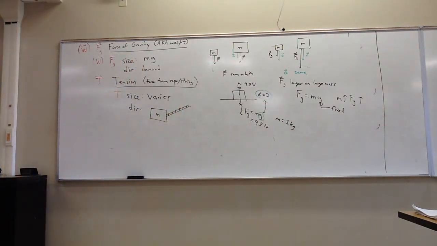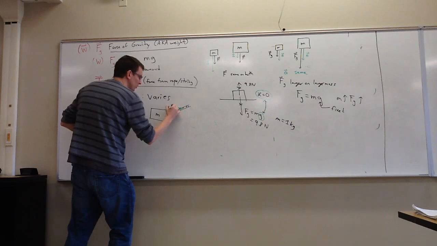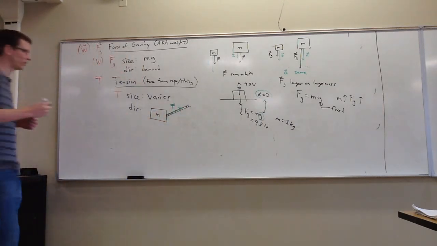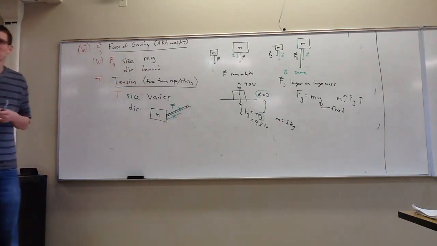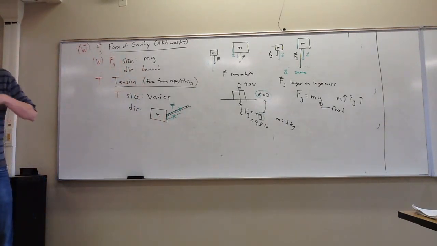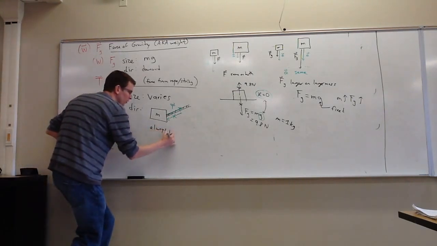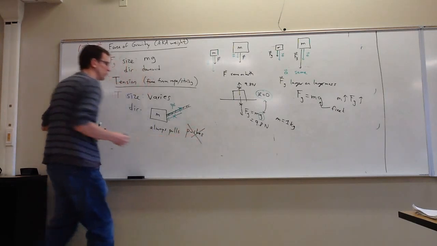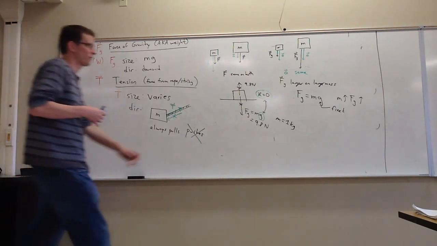A rope always pulls, never pushes. So we expect to see that the tension always pulls and never pushes. It should never be like that. So make sure that the tension points away from the object. So always pulls and never pushes. That's an important rule of thumb for the tension force.